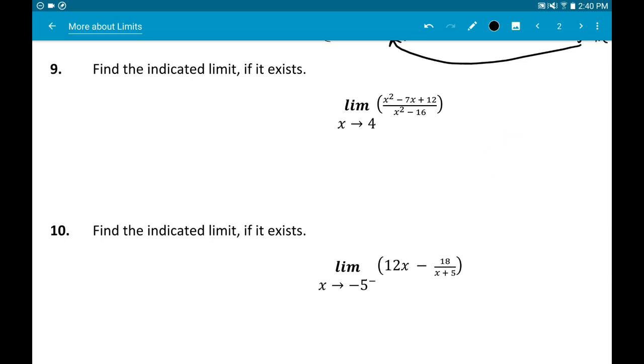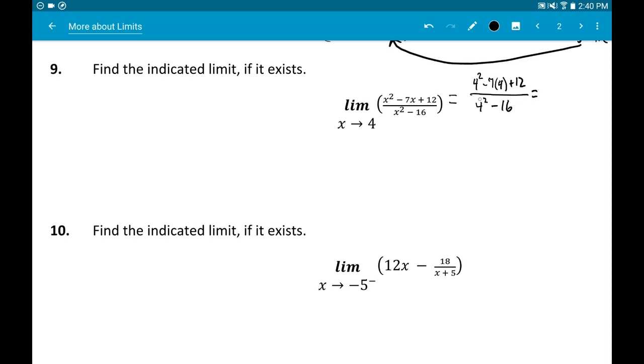Alright, so in those previous sections, again, we always try to just plug in the number. So if we try that here, that's going to give us 4 squared minus 7 times 4 plus 12 over 4 squared minus 16.